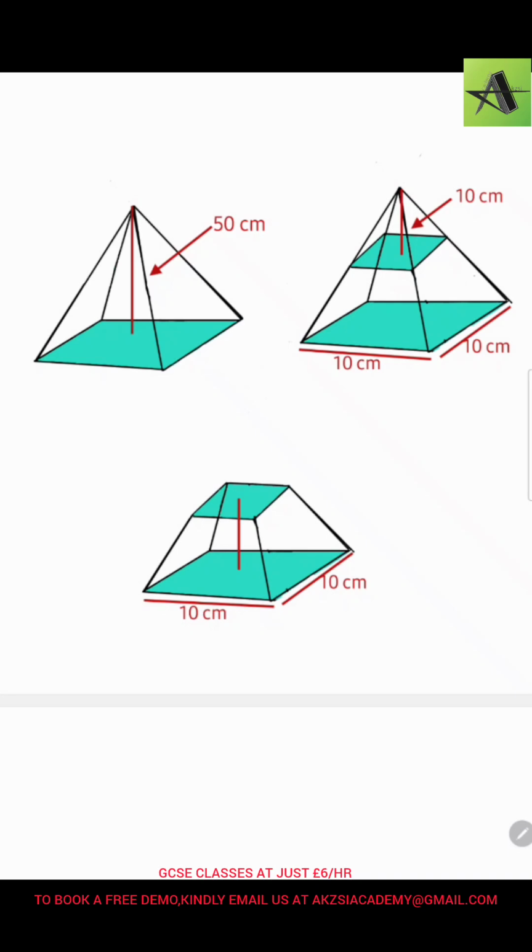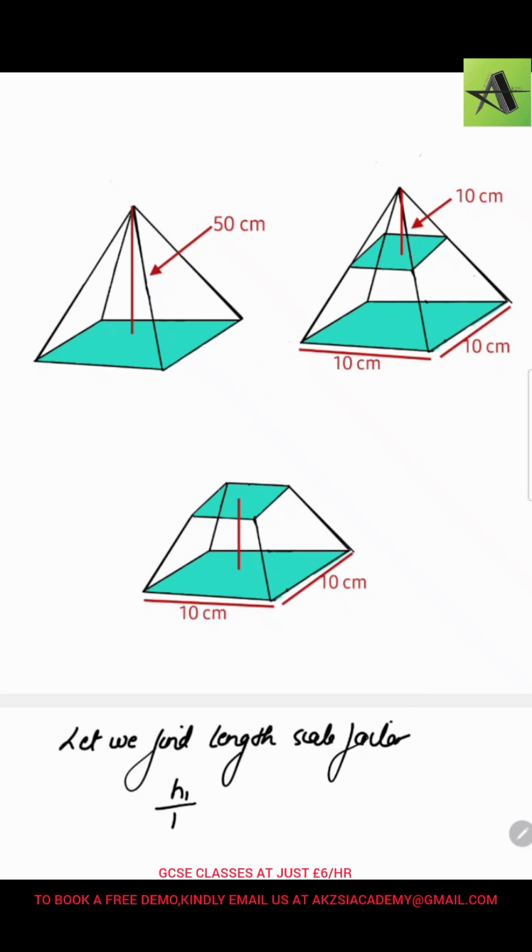From here I can easily calculate the length scale factor. Here it's very important. So first thing I'll do is find the length scale factor. H1 over H2, that is 50 over 10, and 5 is the scale factor.